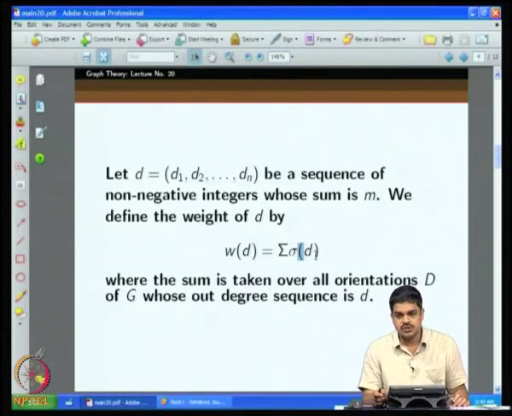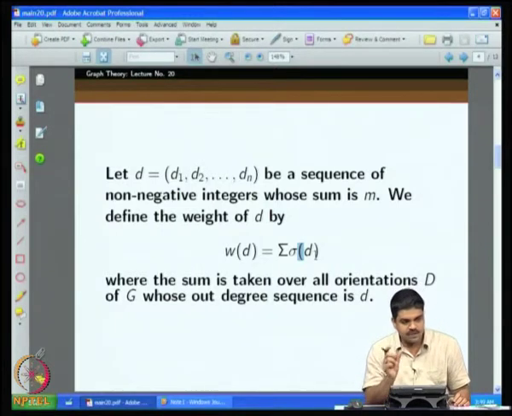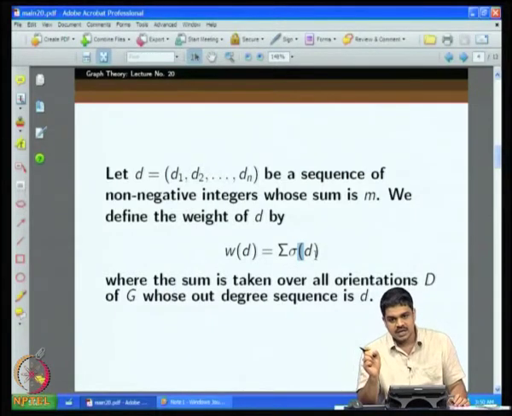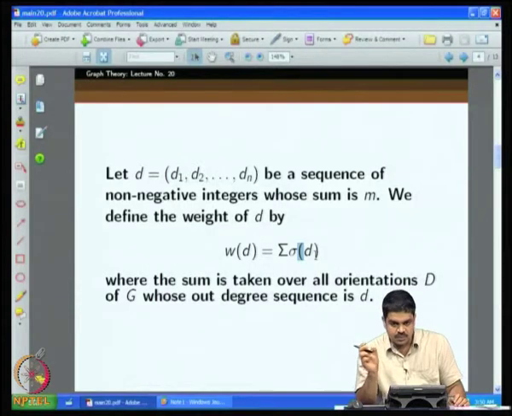What it corresponds to in the expansion of that polynomial is this particular term, x1 raised to d1, x2 raised to d2, x3 raised to d3, up to xn raised to dn. This is what corresponds to the degree sequence.